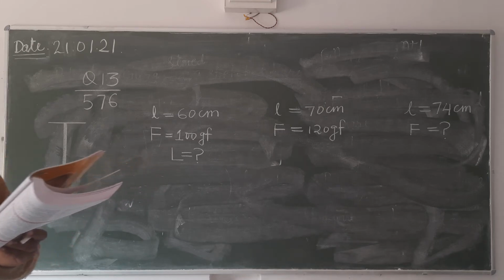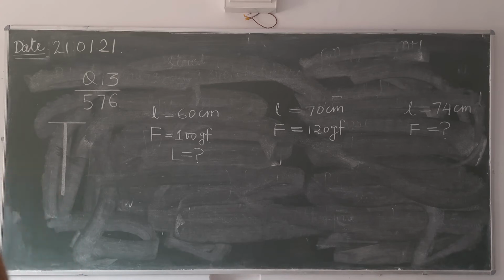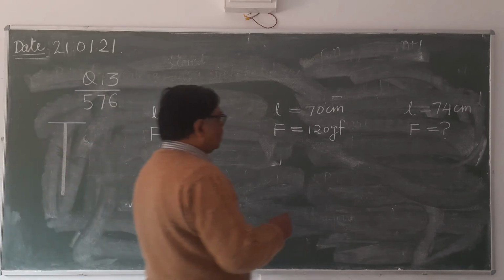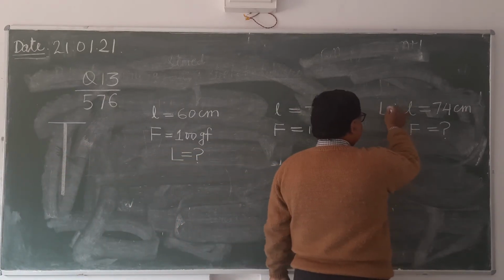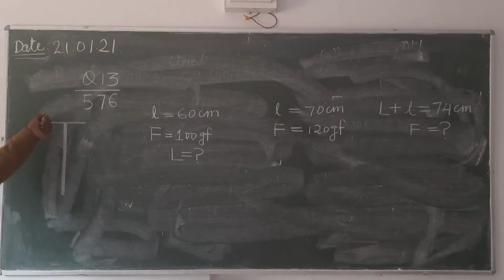Length of the cord means that will be the total length. So first you see here, this is the capital L plus small l. It's clear? Under which weight its length will become 74 centimeter.